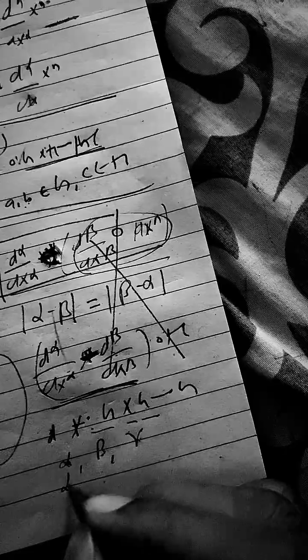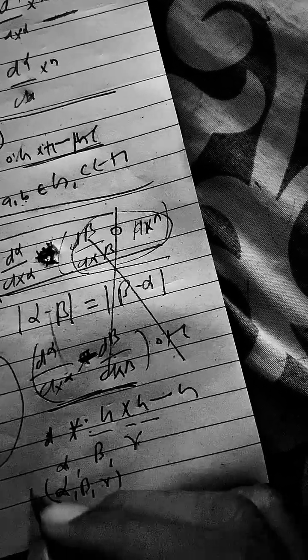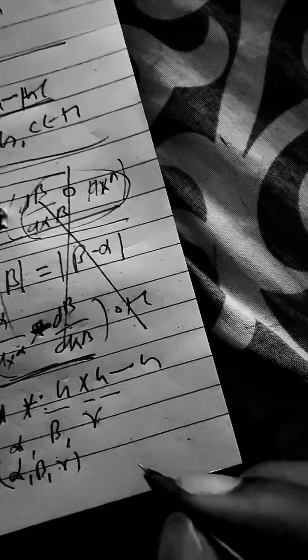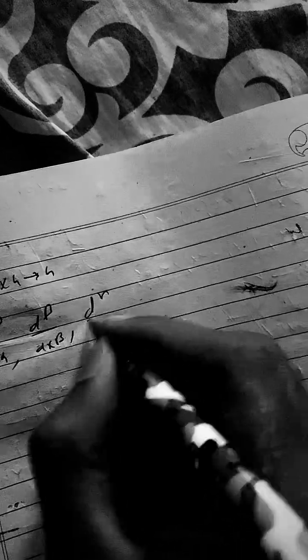It will take 3 elements alpha, beta, gamma, right? And this star will produce for associativity. For associativity, it is going to do these 2 things, right? So this star is G cross G to G, right? So it is going to take derivatives d alpha dx alpha, d beta dx beta, d gamma dx gamma.